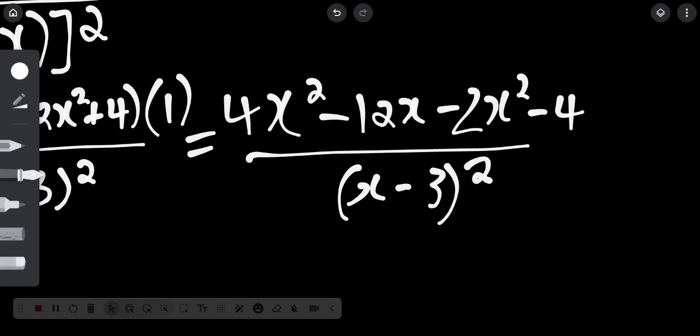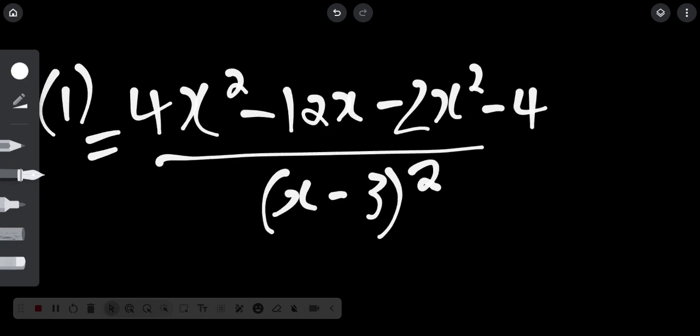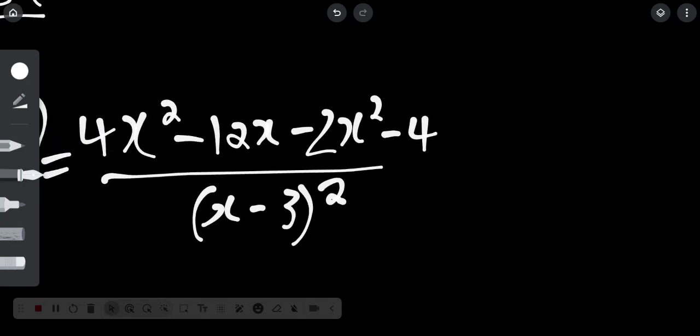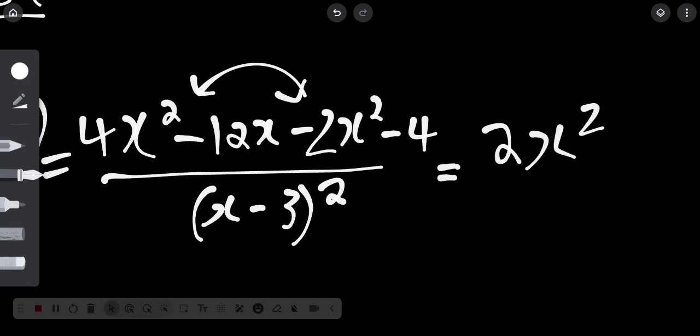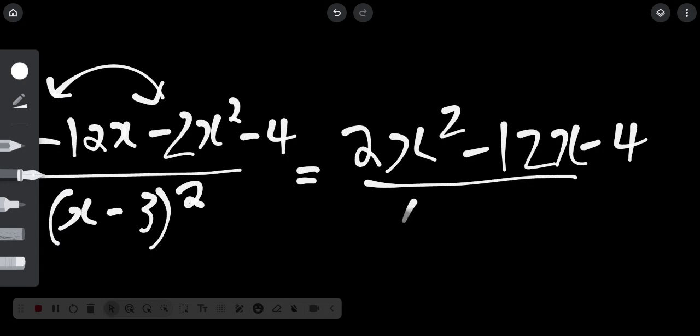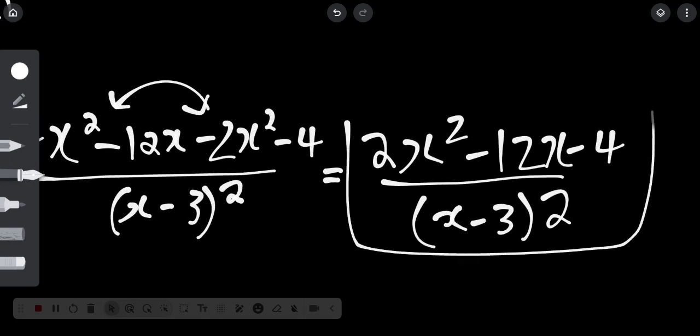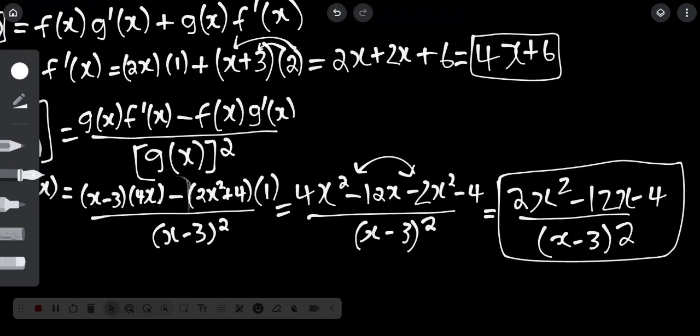I usually don't, but if your calc teacher requires it to be distributed out, then you could do that if you need to. Then you just take like terms right here, these two right here, so it'd just be equal to 2x squared minus 12x minus 4 over, the denominator is the same, x minus 3 squared. And there you have it. That is the derivative of this function.